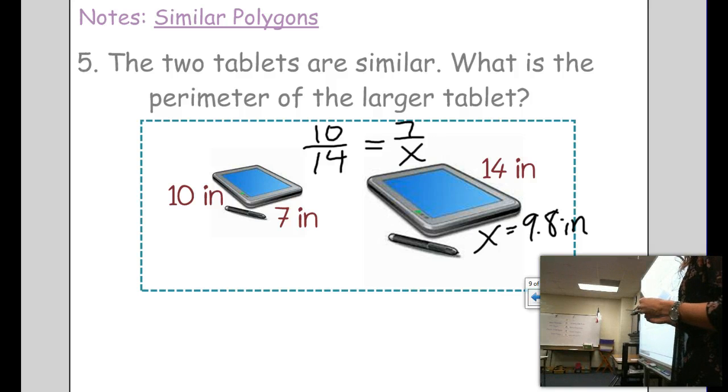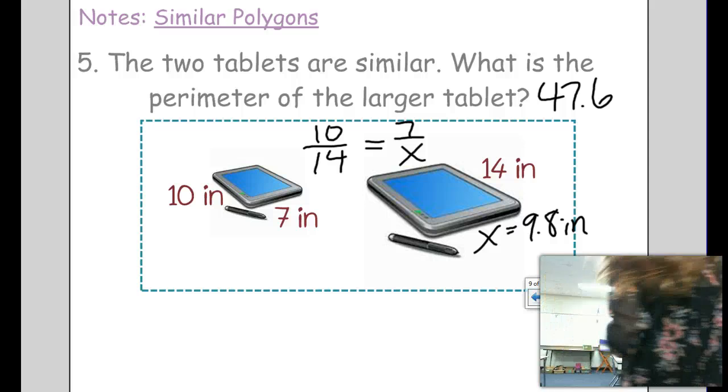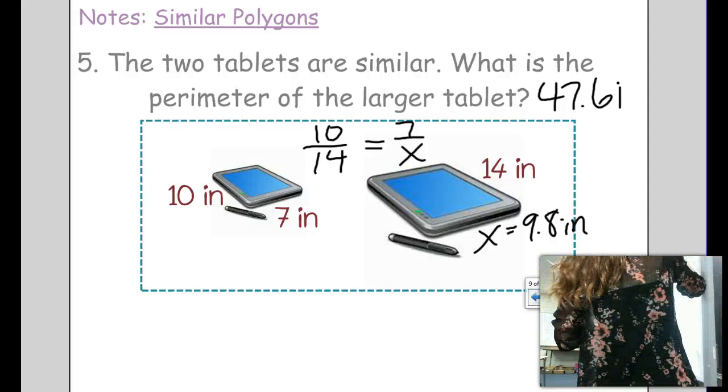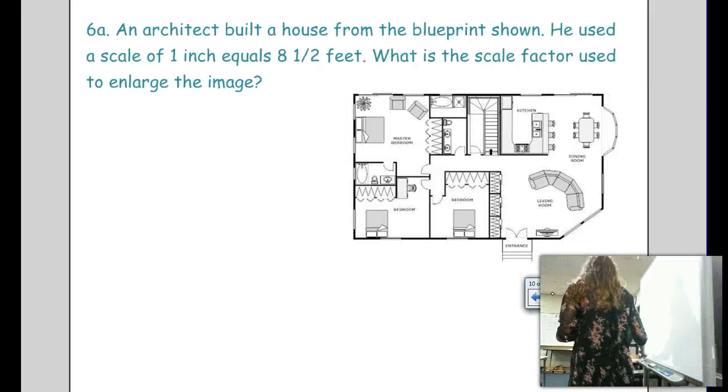Julius. What's the perimeter of the larger tablet? I know it. 47.6. You got it, Dimitri. Good. 47.6. What's the units? Inches. Woo! Last problem of the day.